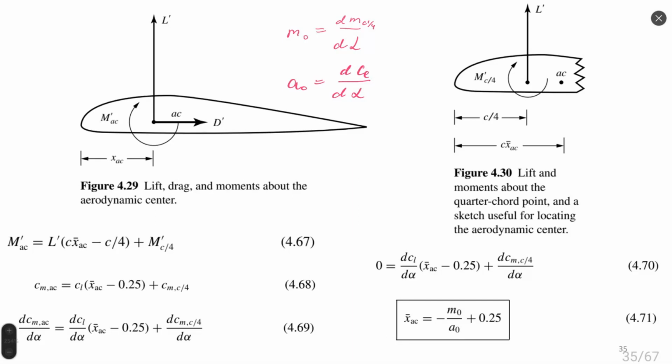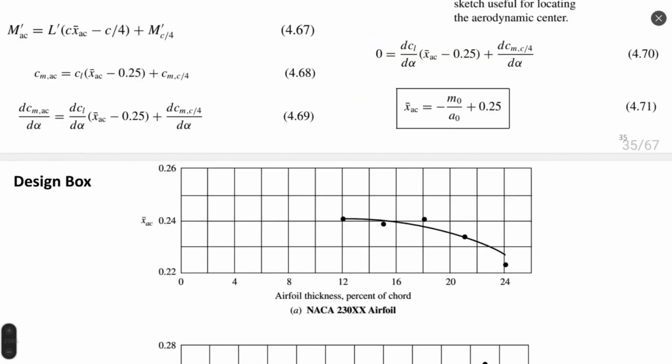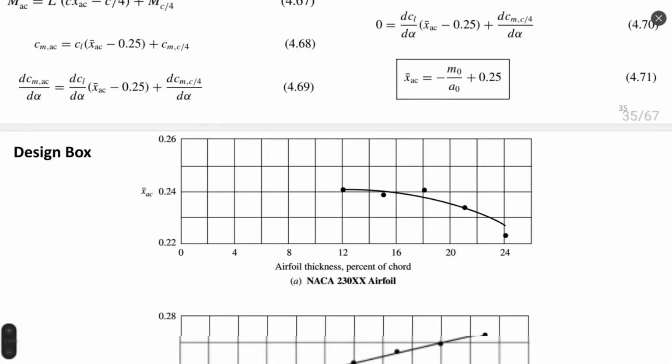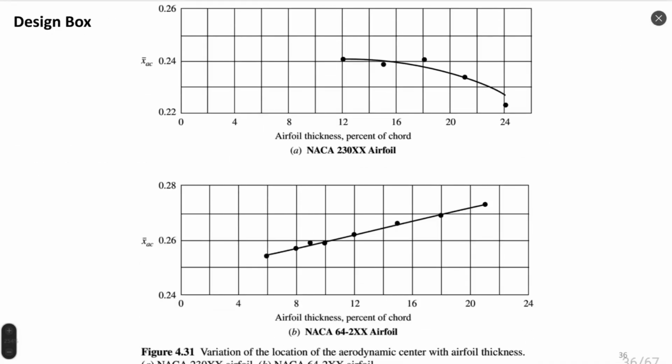Usually, the aerodynamic center is located near the center of pressure and is close to 1/4 chord for most airfoils. Here we can see two examples of this statement.